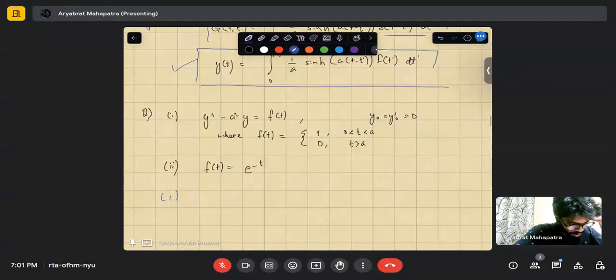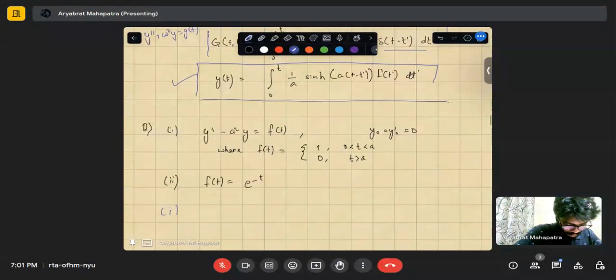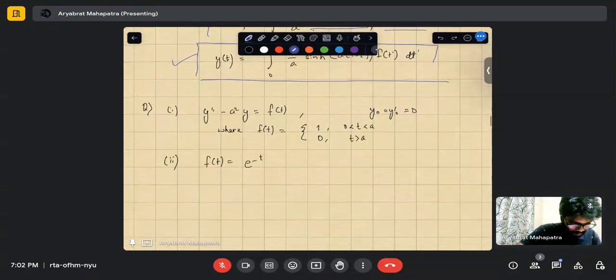Suppose, trying to say right here, there is another form which you can use. For a different question, right?